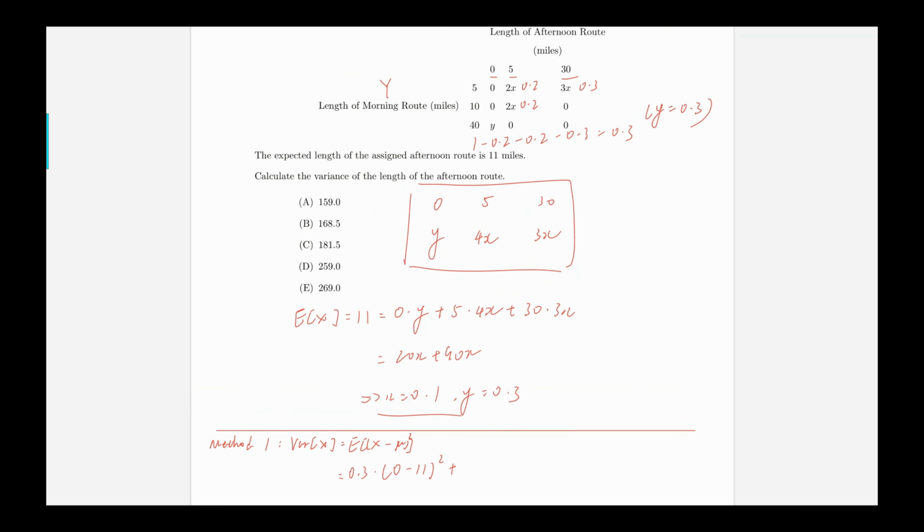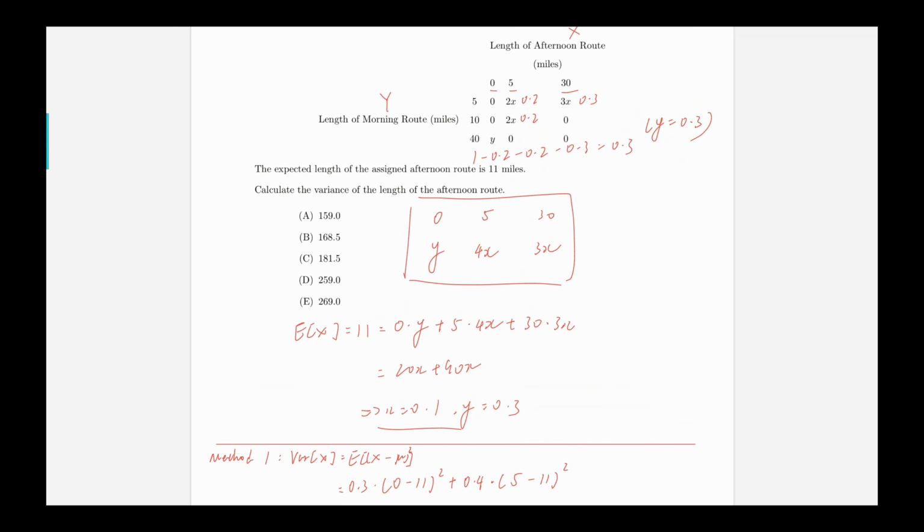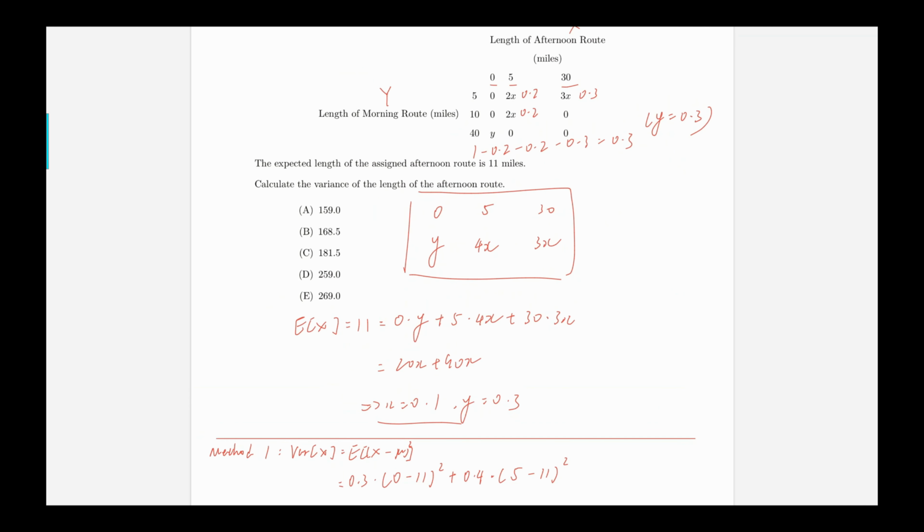The 5 case, the corresponding probability is 0.4, times 5 minus 11 squared. And then the 30 case, which is 0.3 times 30 minus 11 squared.